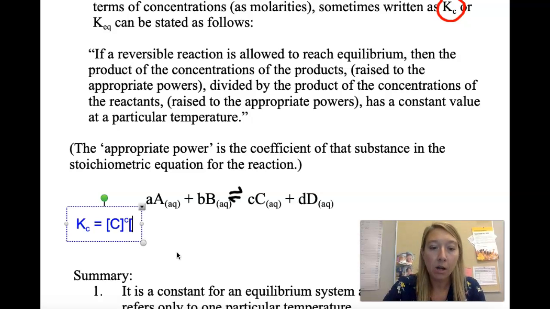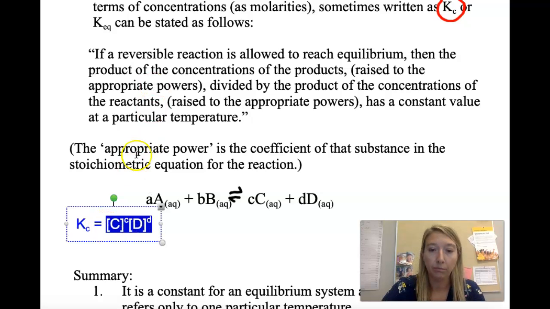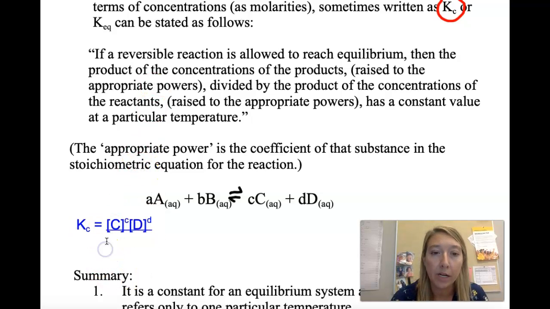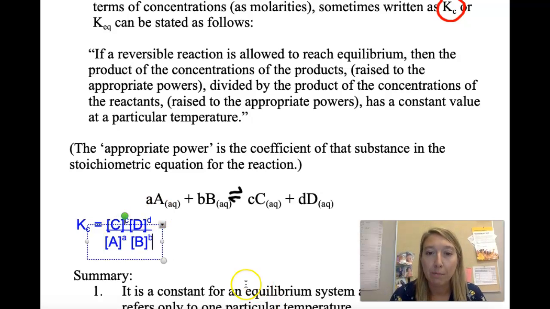And then that's going to be times the concentration of D to the power of whatever D we balanced with, and all of that is going to be divided by the concentration of our reactants. So we are going to get the concentration of A to the power of the a that we balanced with, and then times the concentration of B to whatever b we balanced with.